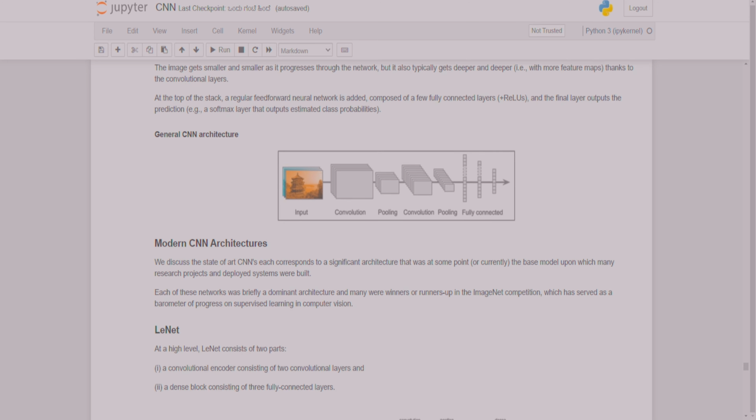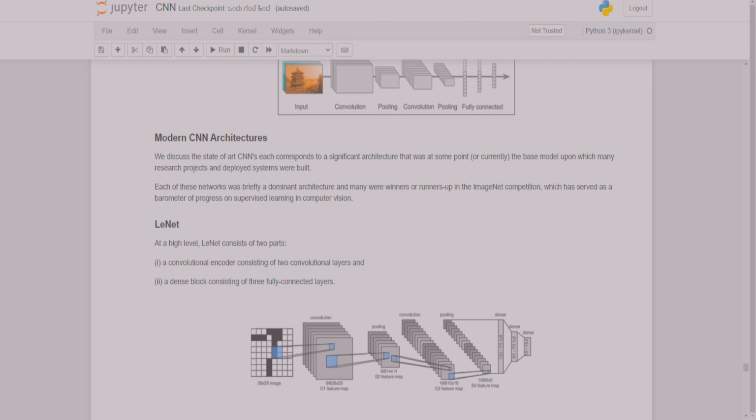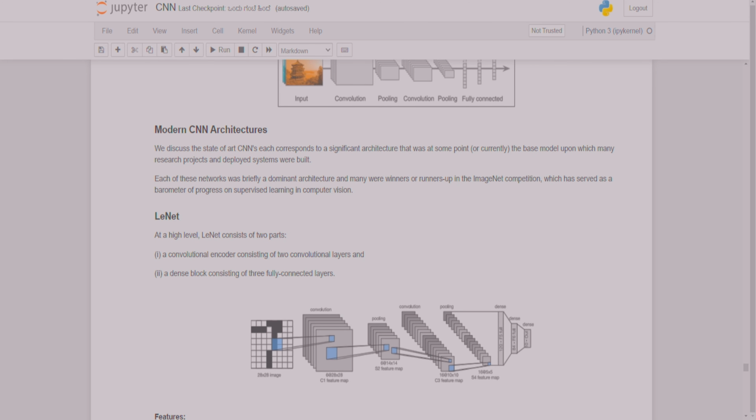So let's move ahead and look at the modern architectures. Again, there are many architectures present. In this particular part, we are going to look at the major ones which are considered a significant improvement over the previous architectures. Also, they were very famous at that time because they won an award in an international level competition.